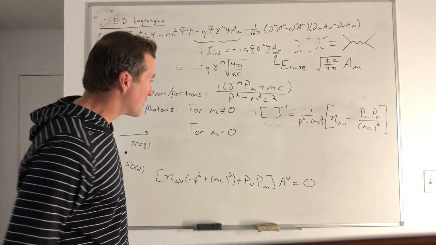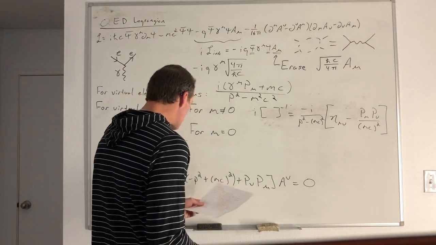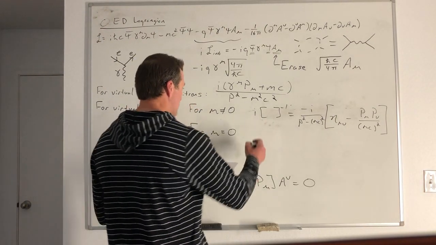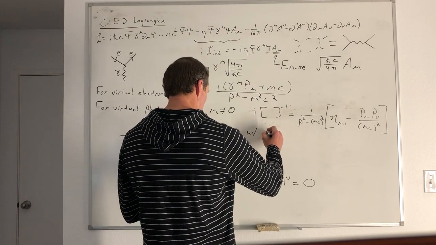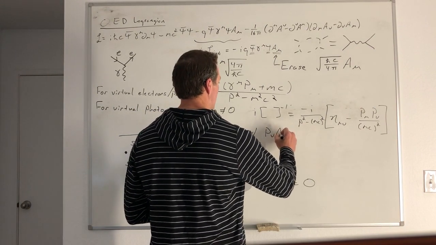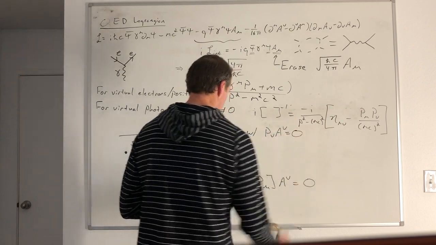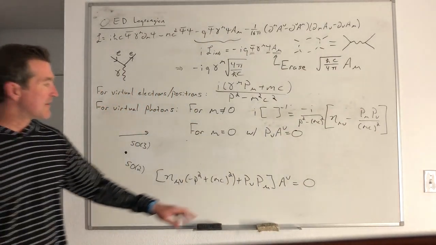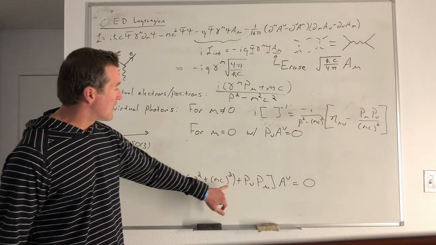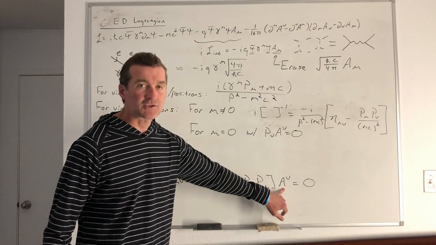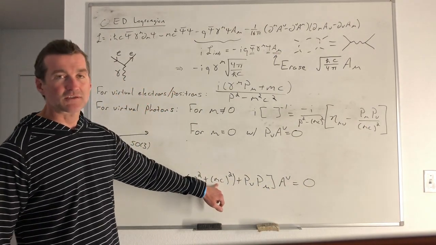And one way to impose that is to impose p nu A nu equals 0. But if p nu A nu is equal to 0, this term right here vanishes. The m goes to 0.